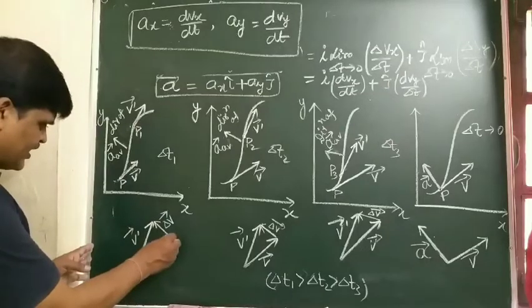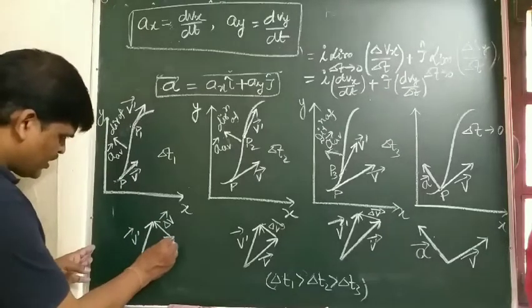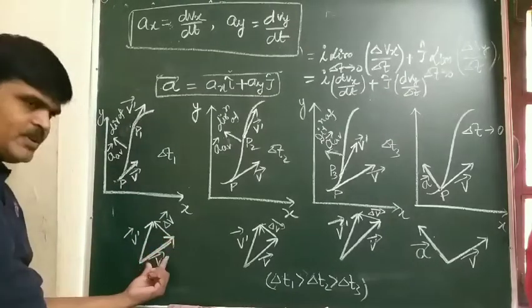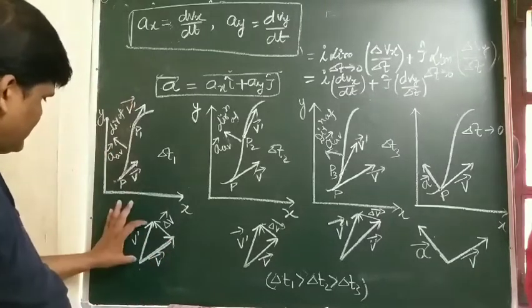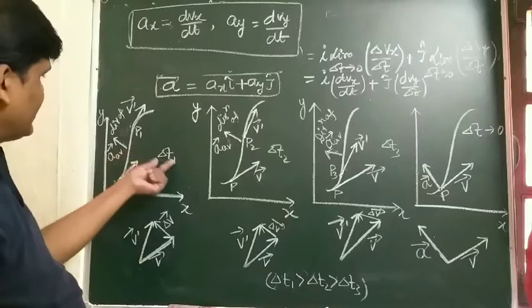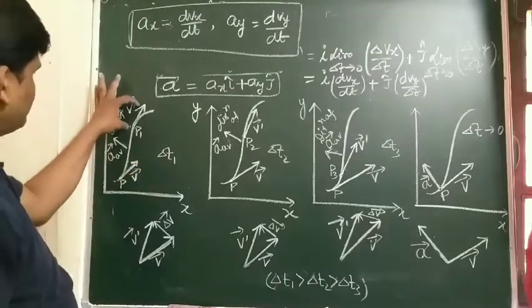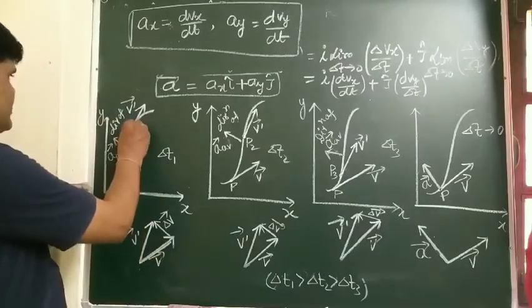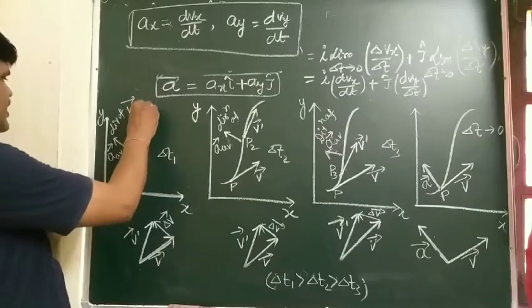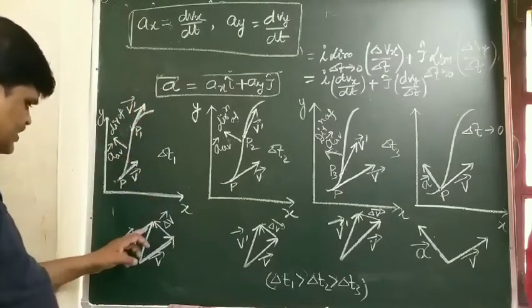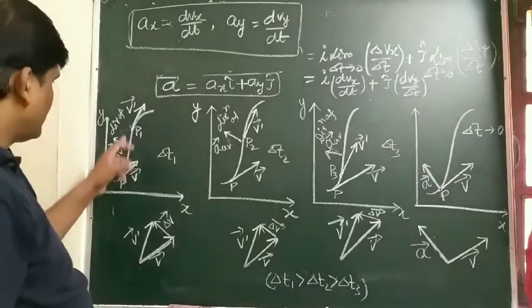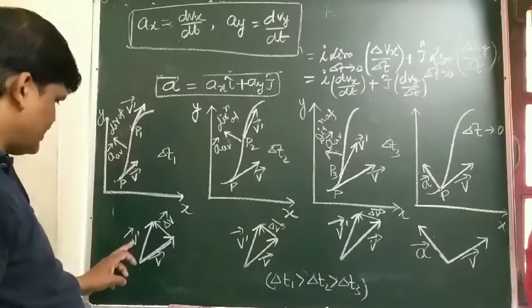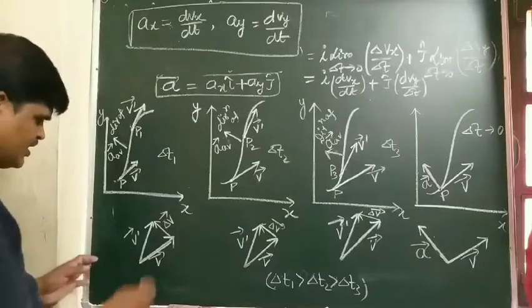In a separate diagram we show the direction of the velocity at time t, and after time delta t1 the velocity of the object at point P1, which is tangent to the given point. So what is the change in velocity?